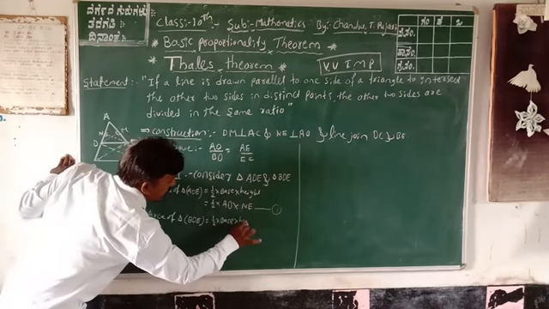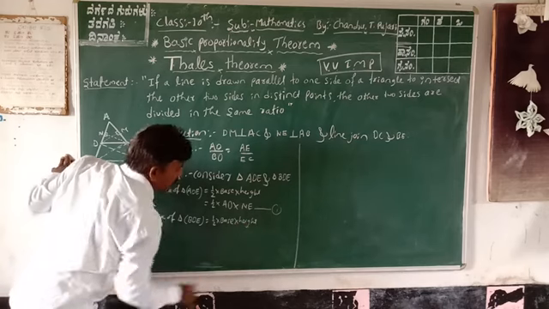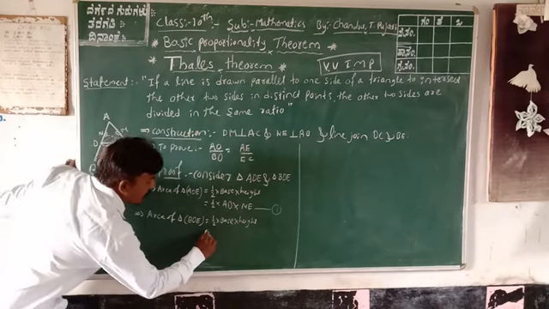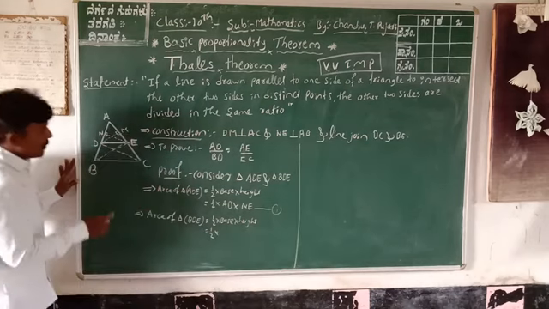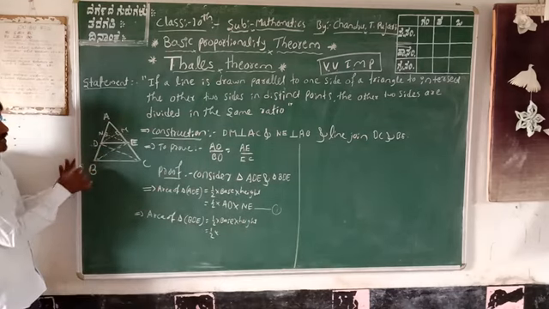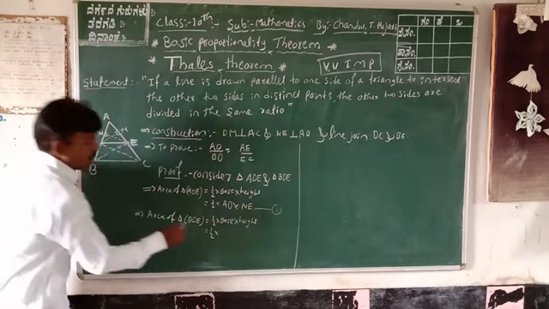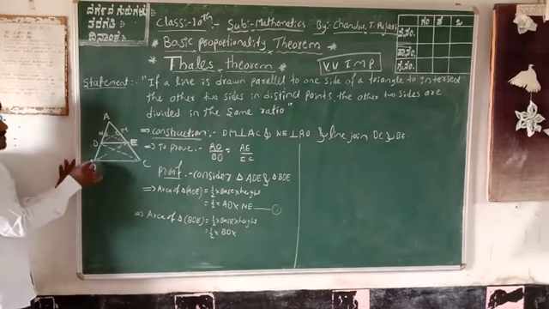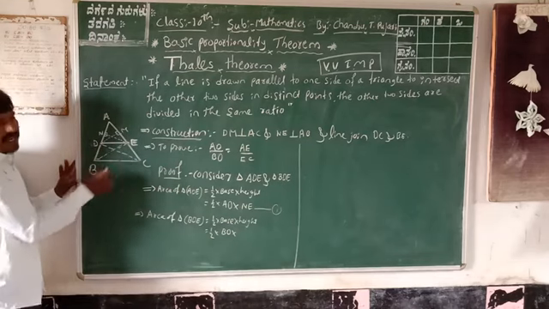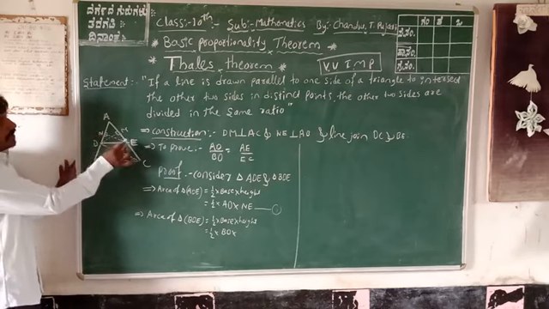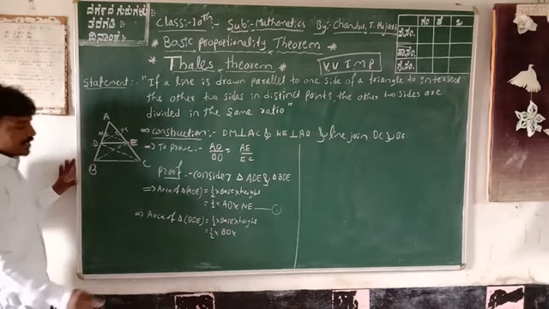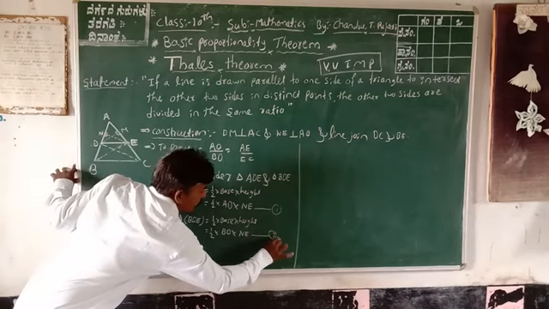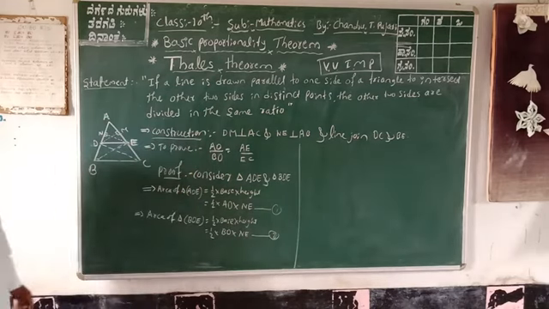In triangle BDE, 1/2 into base BD into the height, the perpendicular height NE. Therefore, this is equation 2. First one, second one is over.